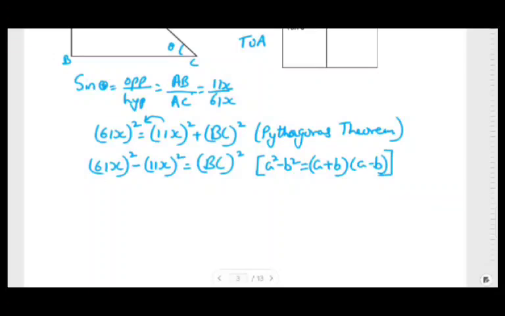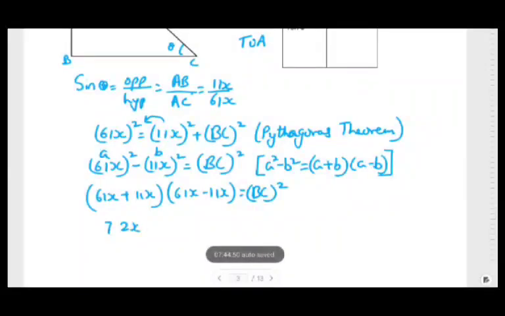Correct? So this is my a value, b value. So a plus b, 61x plus 11x, and 61x minus 11x will give me my BC square value. So 61 plus 11 makes it 72, into 61 minus 11 makes it 50x, right?